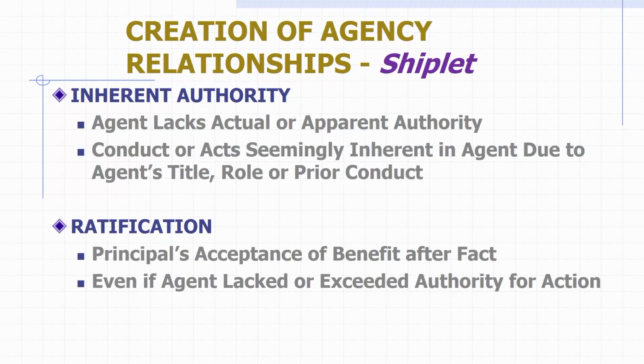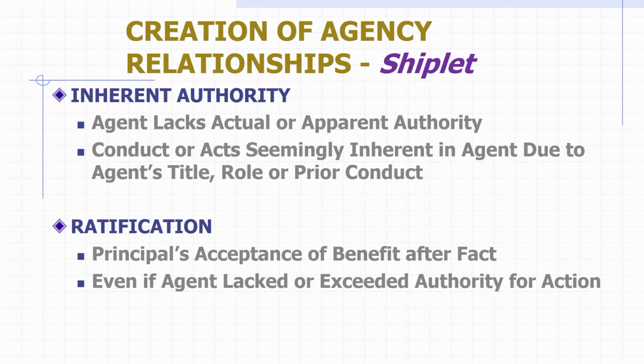Well, you accepted the benefit of their doing this kind of work around the apartment building. So after the fact, you can't say now, oh, the agent lacked authority, therefore I'm not liable. If you accept the benefit, then you're going to, unfortunately, have to accept the liability that comes along with it.